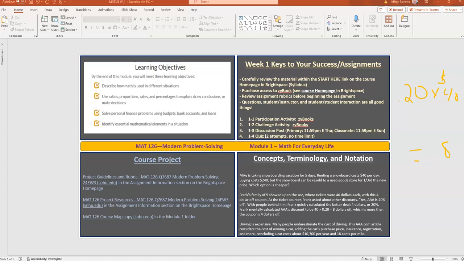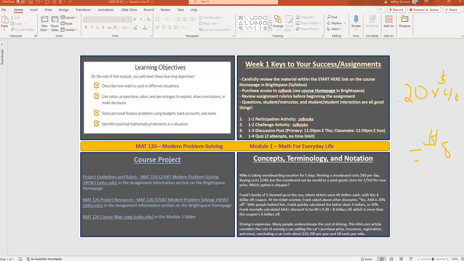We definitely don't want a decimal there. But what we see in this case is there is a savings of $8. So to compare and contrast these first two ideas: the first is using a fraction to take a portion of some amount, and the second is using a percentage to take a portion of some amount.